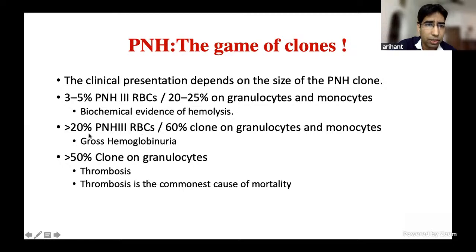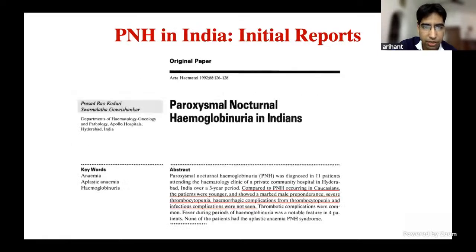Once the type 3 RBC PNH clone becomes more than 20%, or around 60% clone in the granulocytes and monocytes, the patient typically develops gross hemoglobinuria. For development of thrombosis, it is typically said that the clone size on granulocytes is more than 50%, and thrombosis is a frequent cause of mortality, at least in the Western literature.